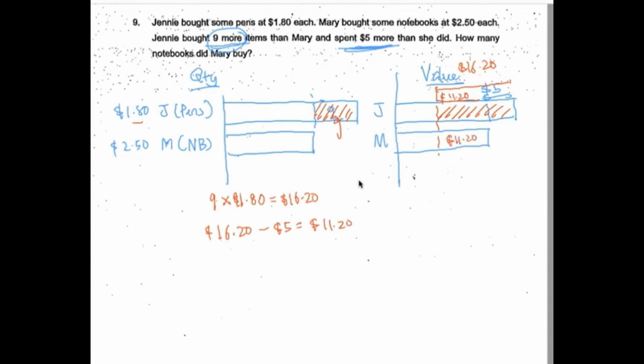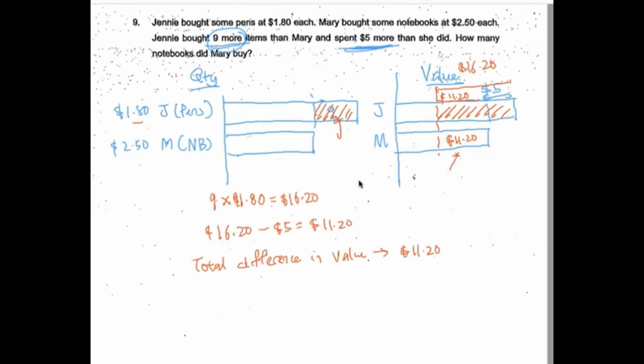So what that means is that after you remove 9 pens from Jenny, the total difference in value will be $11.20. This is made up of equal numbers.